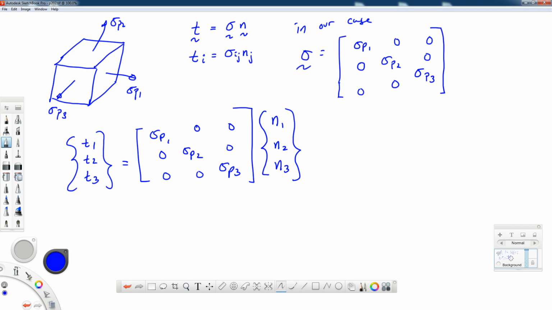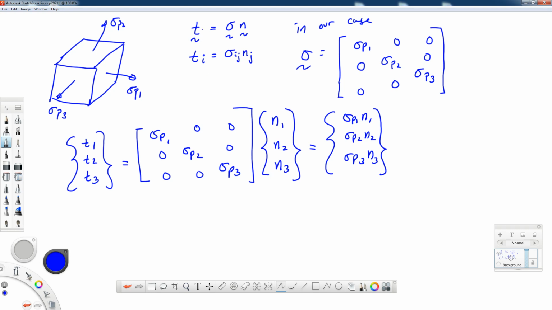If we do this multiplication, because we have so many zeros, the vector that we get for the traction vector looks like this: sigma p1 times n1, sigma p2 times n2, and sigma p3 times n3.